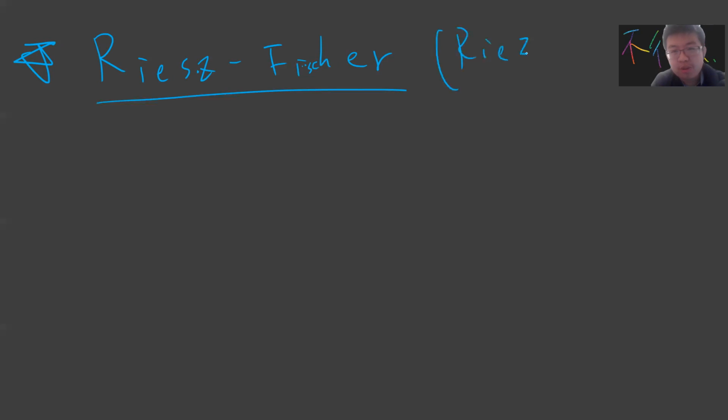Now I want to talk about convergence, but maybe I'll talk about it in the next video. In the next video, we will try to prove the famous theorem, the Riesz-Fischer theorem, or basically the Riesz representation theorem.